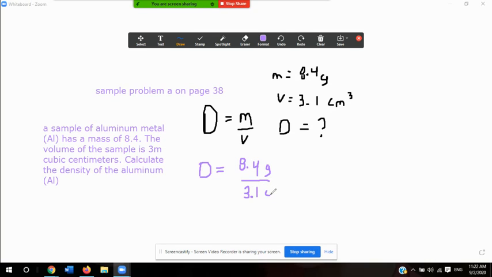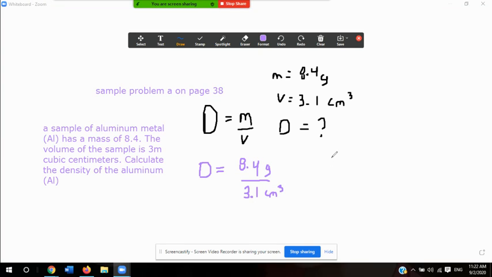The next thing you want to do is get your calculator and divide. Of course, this is because it's chemistry. If this were math class, I would not allow you to. But you're going to divide in your calculator 8.4 by 3.1, and your answer should be 2.7, more or less.